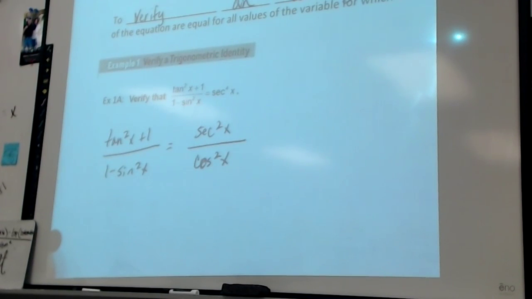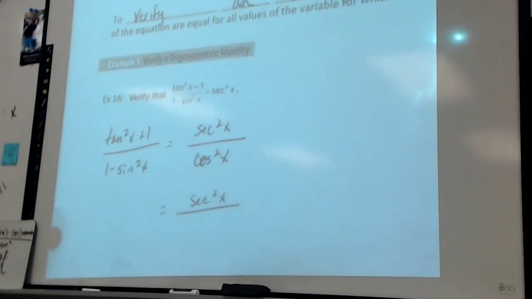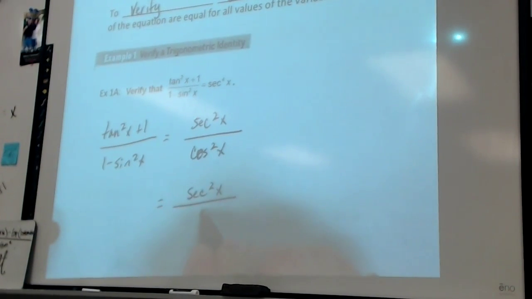Okay. Now, what do we know about cosine's reciprocal? What's the reciprocal of cosine? 1 over secant, which secant's what we want, right? So let's rewrite cosine squared x as 1 over secant squared x.